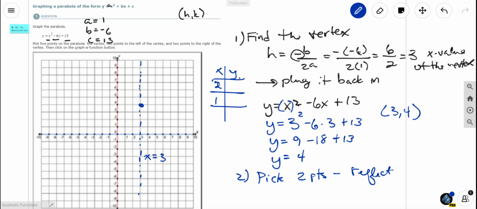Desmos.com. They have a really nice scientific calculator. There you go, Desmos.com scientific. Check it out. So to put it in there, you would go x squared minus 6x plus 13.